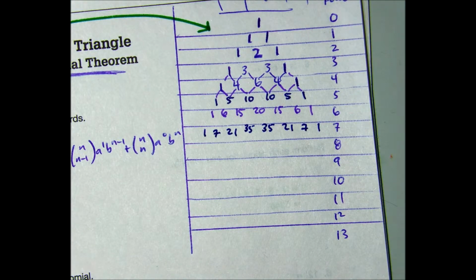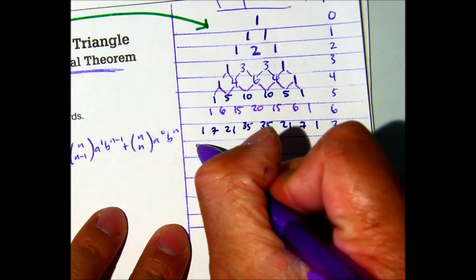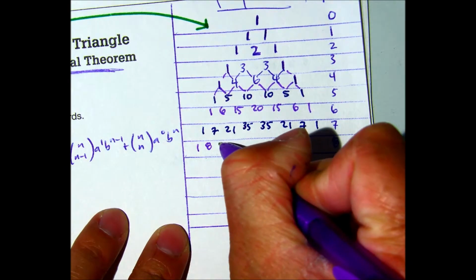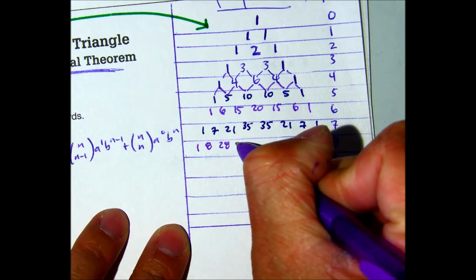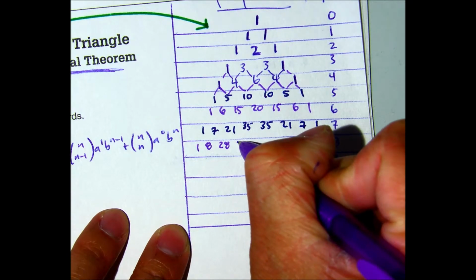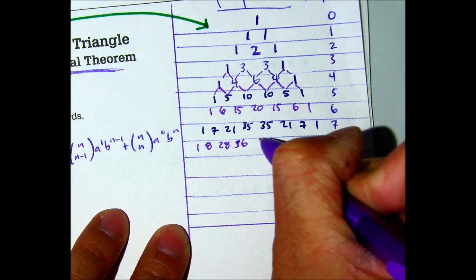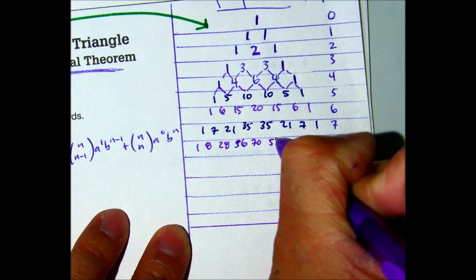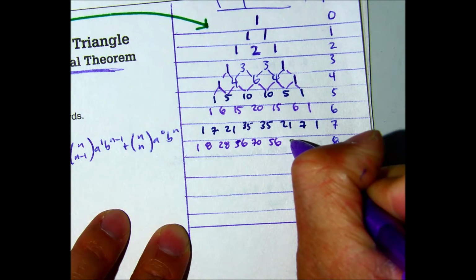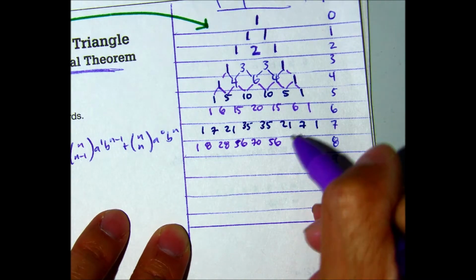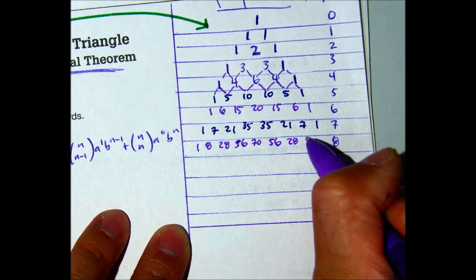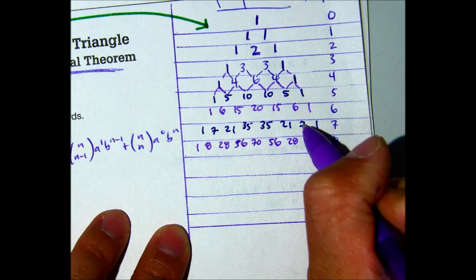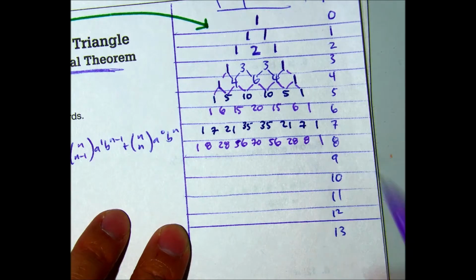Rafi. 1, 8, 28, 56, 56, 28, 8, 1. There you go.